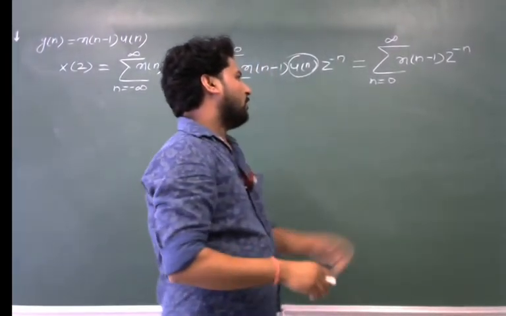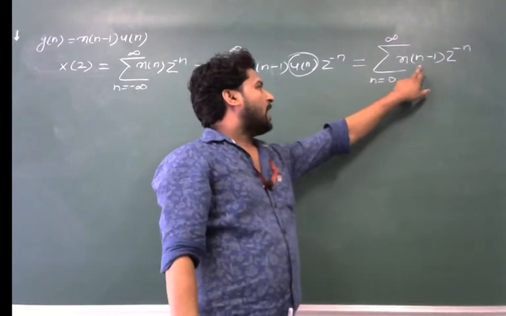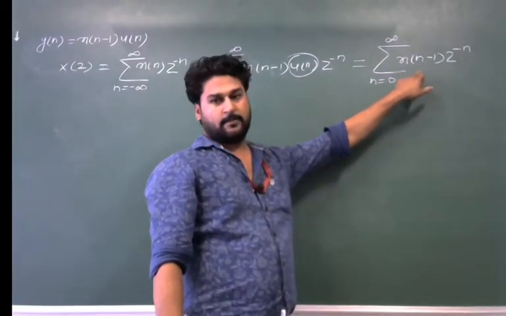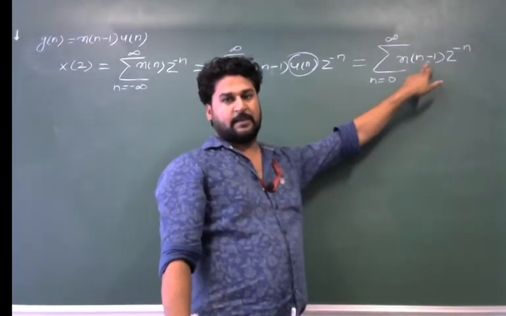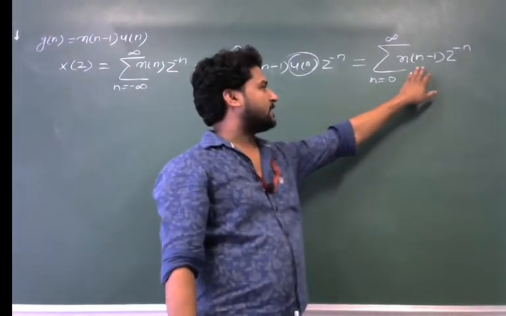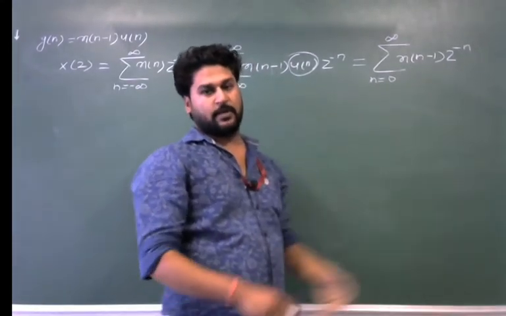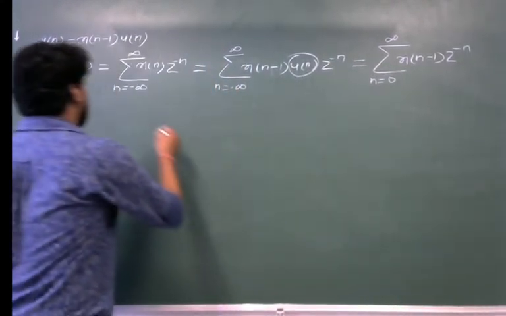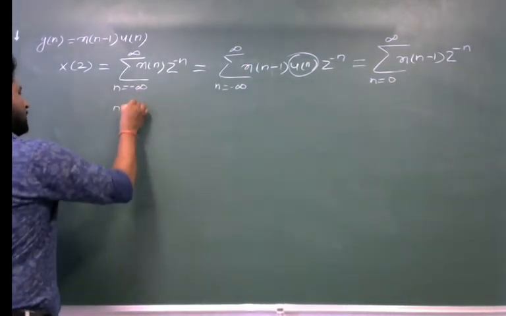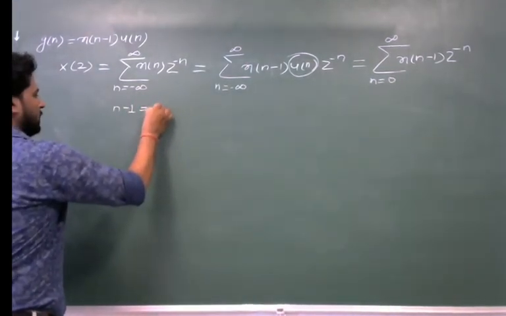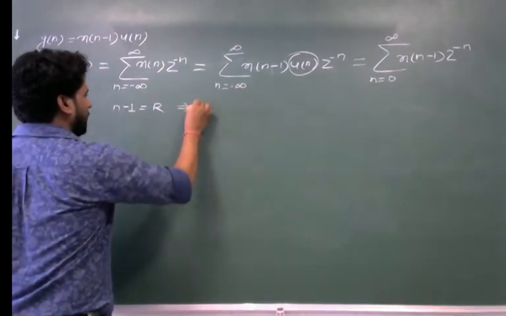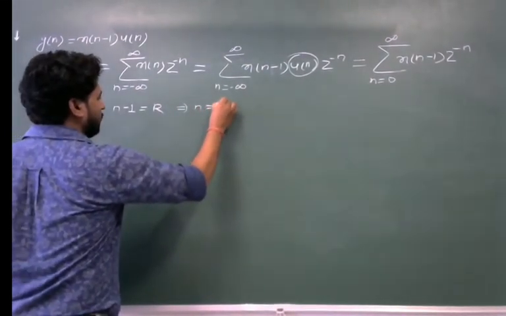If somehow I get x of n here, then this will become x of z. But instead of x of n, it is given x of n minus 1. So I will consider this variable. Suppose n minus 1 is equal to k, then n will be equal to 1 plus k.